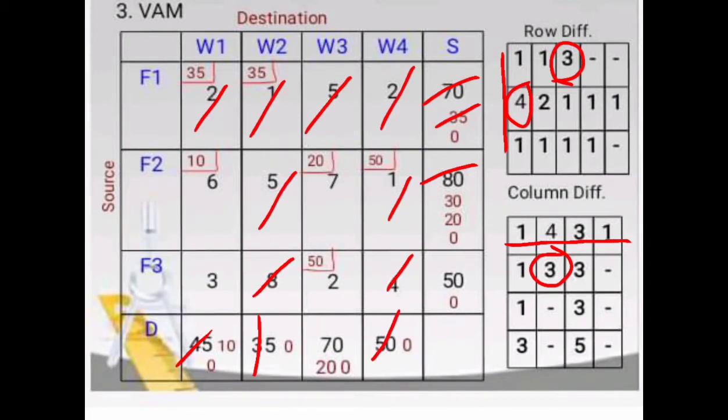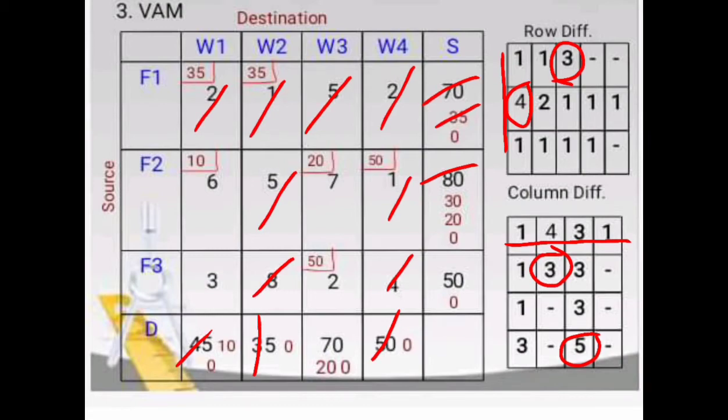Next, we find the row difference and the column difference. I already solved this. Then we find the maximum value. The maximum value is 5 in the third column. In the third column, the least cost is 2.